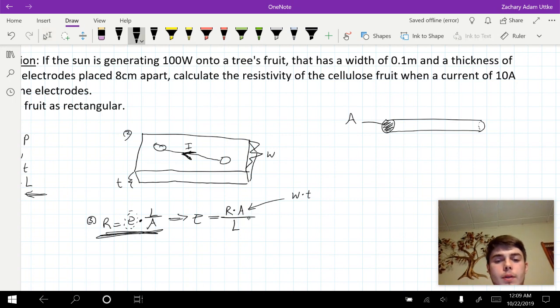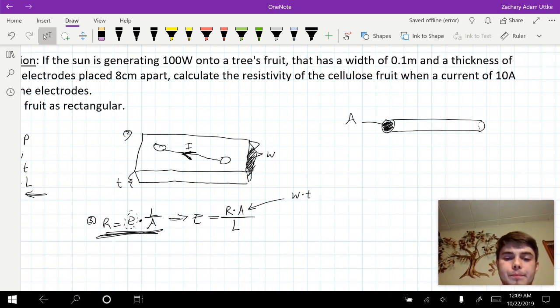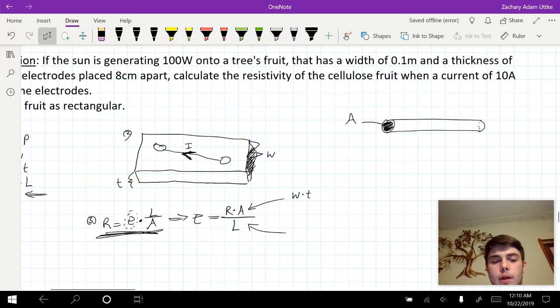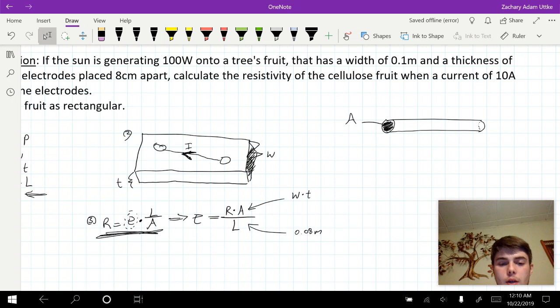So it kind of does make sense if we have this piece of fruit that this area, which is the width times the thickness, kind of corresponds to this area of a wire. So that does make sense. And we have a length. I'd say that is the length between the two electrodes, so 0.08 meters. And the only thing we need is R.